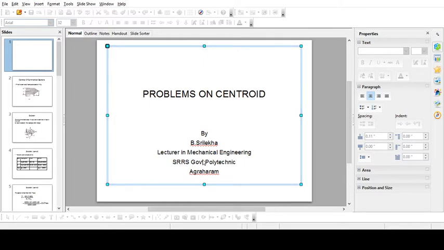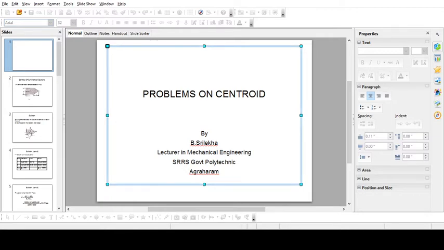So we are dividing this section. This section is symmetric about the x-axis, so the centroid will lie on this x-axis. Now you have to split about this y-axis. We have already discussed that the section is split into three sections, 1, 2 and 3.